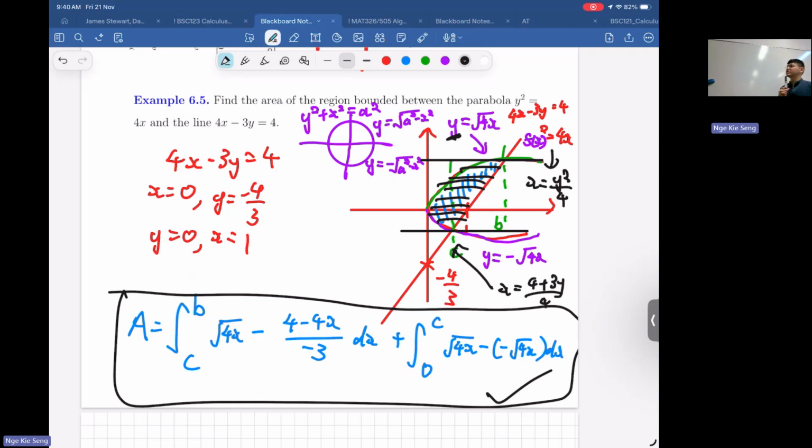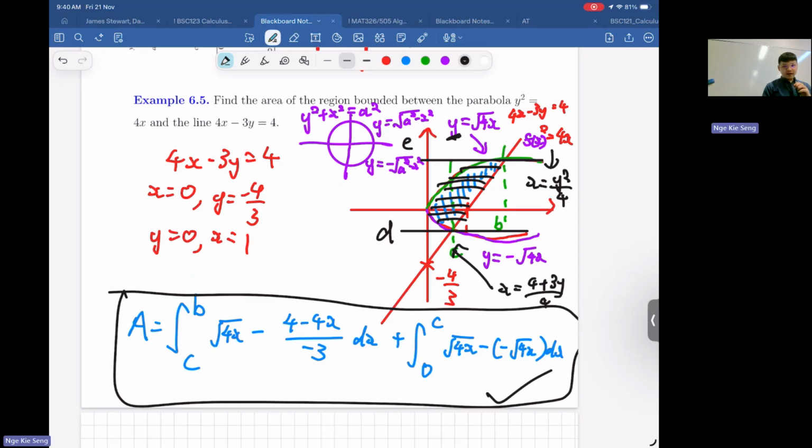Within this region, this linear line is farther right than the parabola, so you take the far right one minus the left one. Then we need to find the horizontal domain, the domain that we want to integrate over.